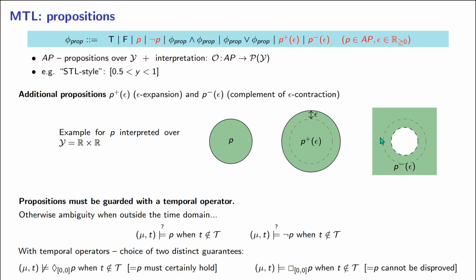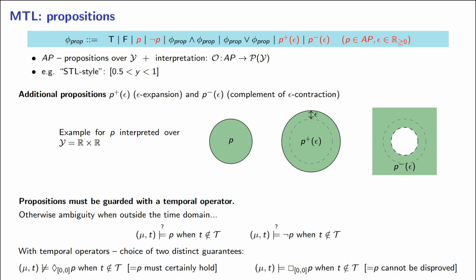There is one issue regarding propositions because we allow to check if the formula holds outside the time domain. So if propositions are not guarded by a temporal operator, and then we test them outside the time domain, it may happen that both the formula P and the negation don't hold. So it's not very desirable. But the problem is really just for purely propositional formulae.